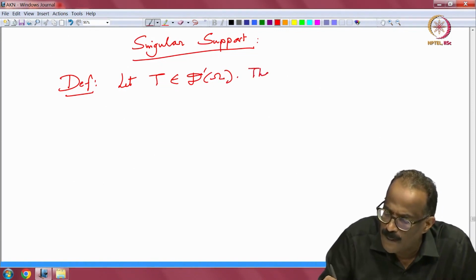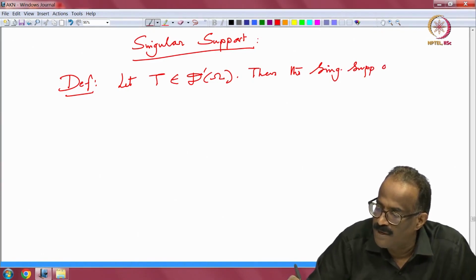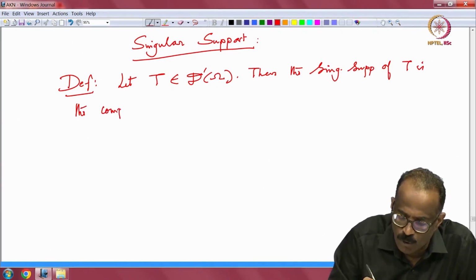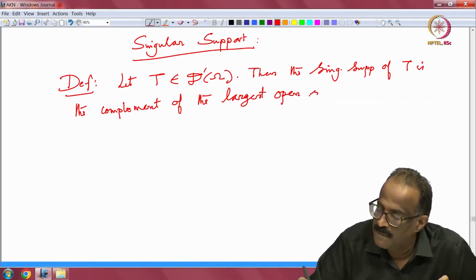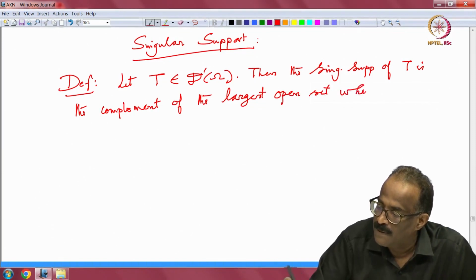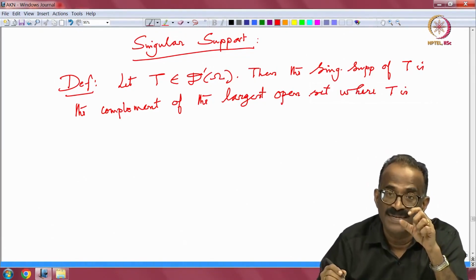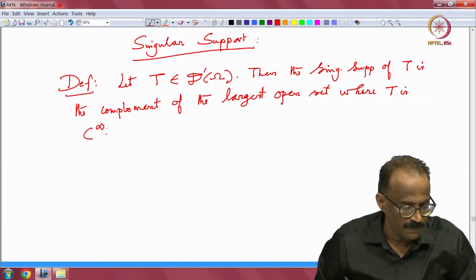Then the singular support, we write it singular support of T, is the complement of the largest open set where T is C infinity. That means on that open set your T is given by a C infinity function.